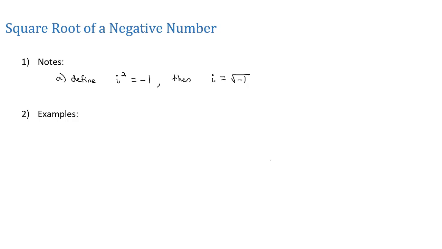This is called an imaginary number. i, the square root of -1, is an imaginary number. Now, I want to be careful with that name. A mathematician many years ago did not like imaginary numbers, and he thought they were ridiculous.